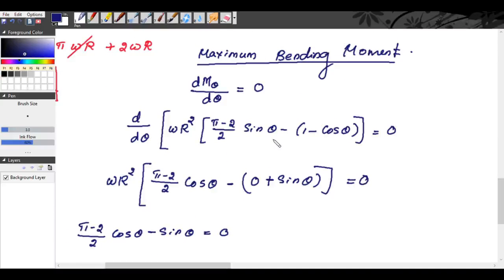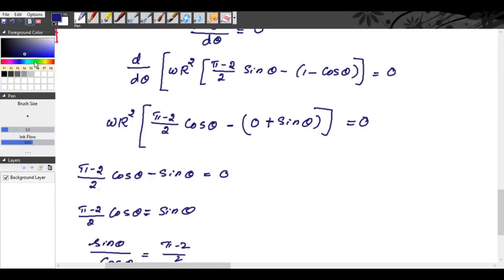So M max, substitute. So we get M max is equal to M theta at theta is equal to 29 degree 43 minutes. So we know this is M theta, right?